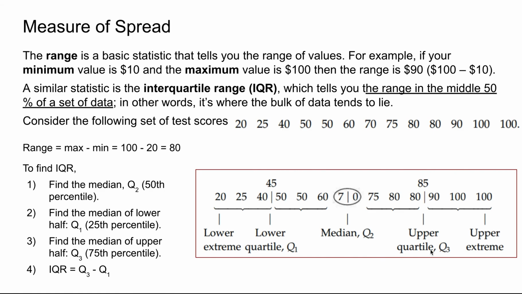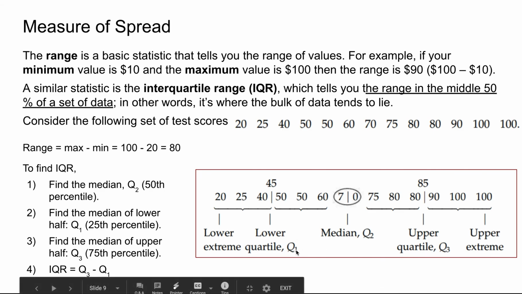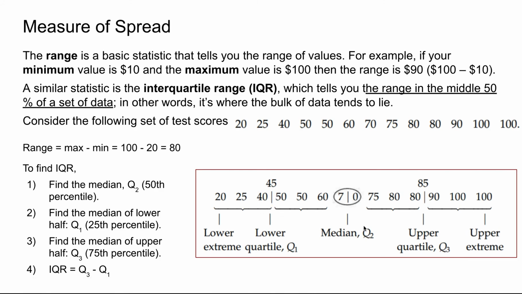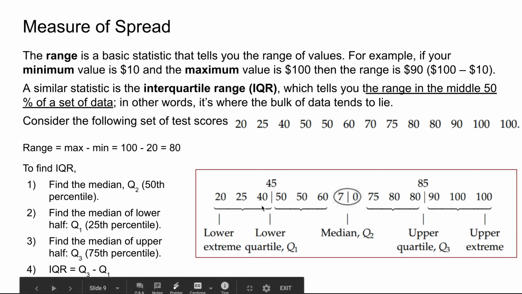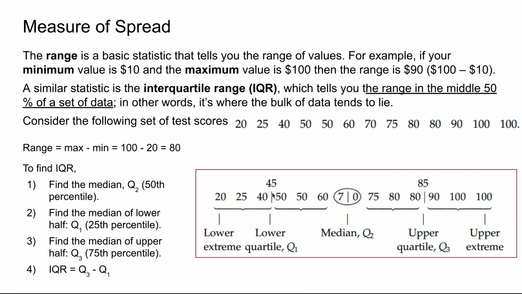Once you find Q1 and Q3, you can find the difference of those two. So IQR, interquartile range, is Q3 minus Q1. So we're just gonna look at the middle 50% here. So 85 minus 45, Q3 minus Q1, is the interquartile range.